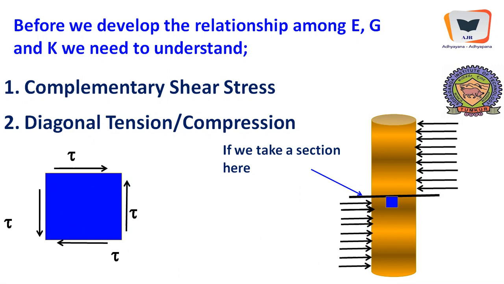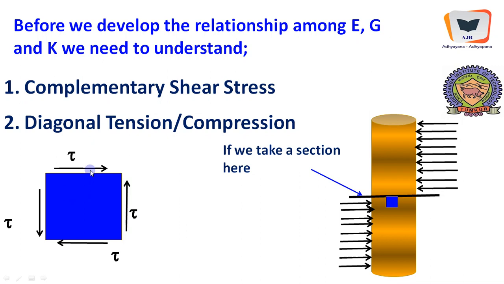Now, this particular element is in equilibrium, satisfying the three fundamental equations of statics: sigma Fx equal to 0, sigma Fy equal to 0, sigma M, that is moment with respect to any point over the body, equal to 0. Therefore, it is in equilibrium, but it is still suffering from all round shear stress.